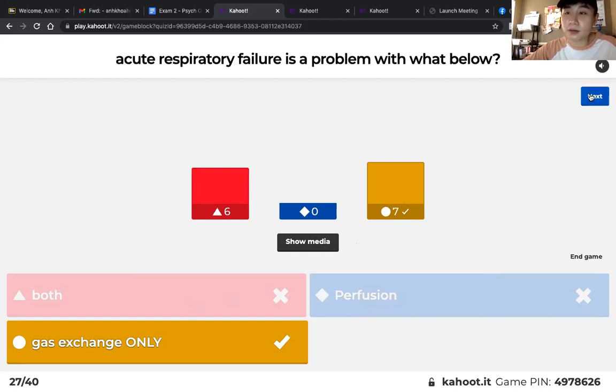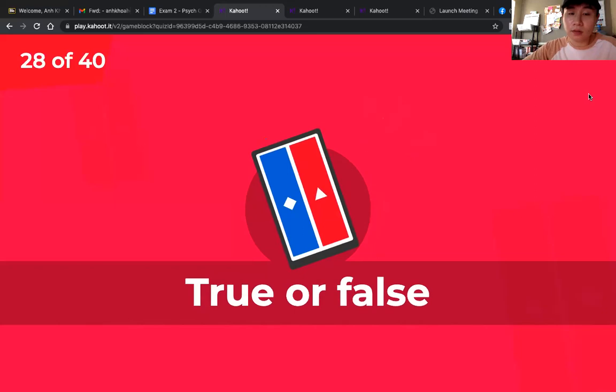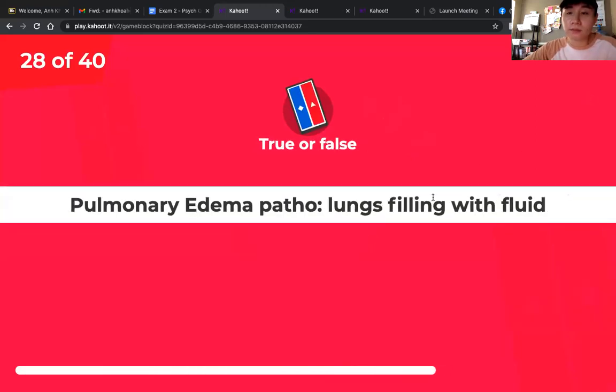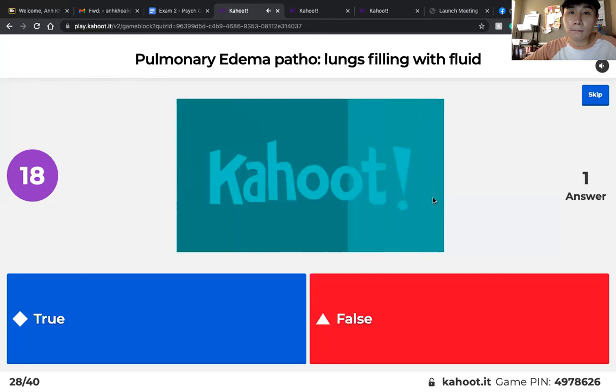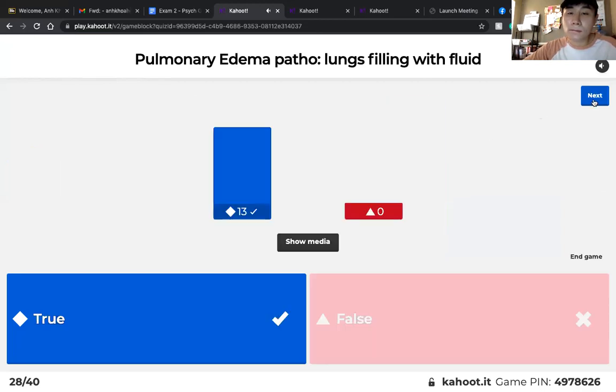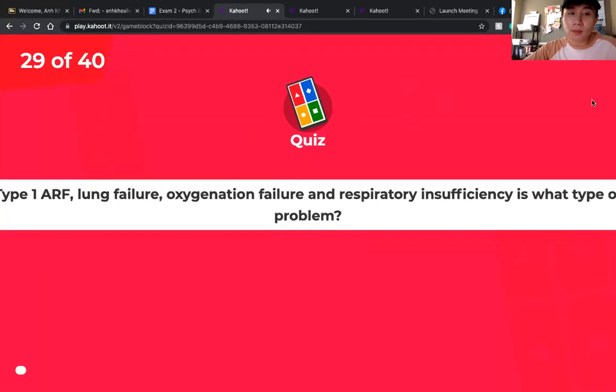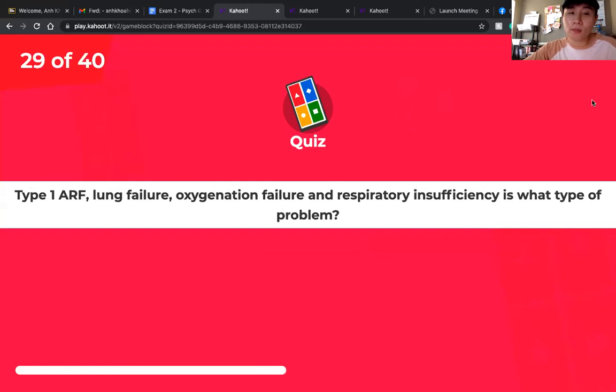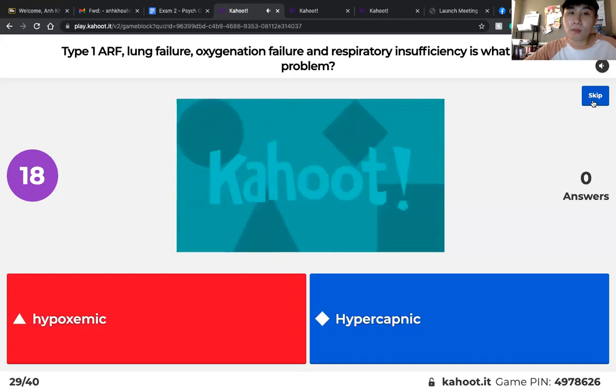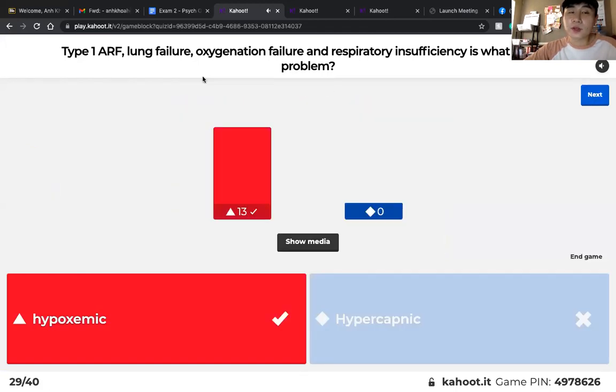Sorry about that. Perfect. Awesome. So if it's type 1, usually it is the hypoxemic one.